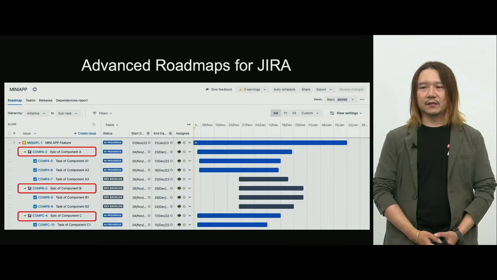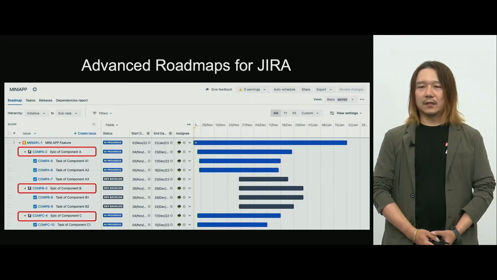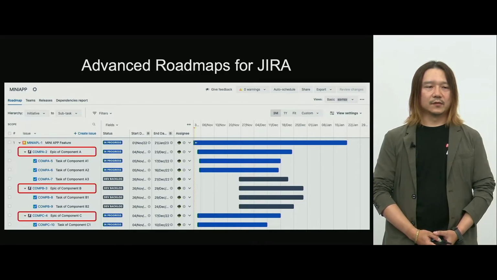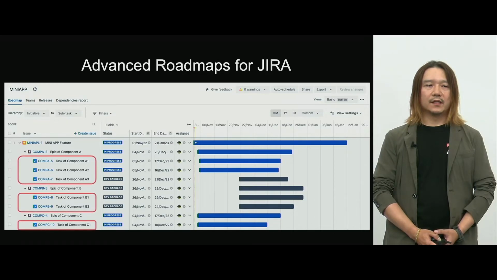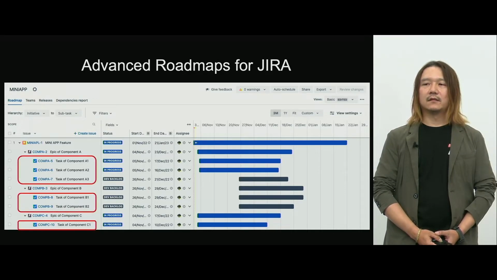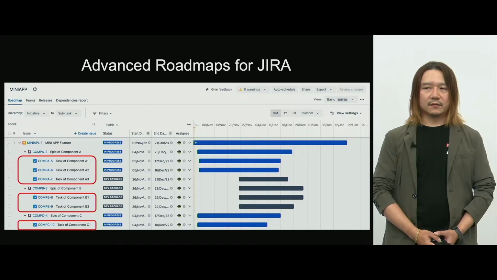For the epic tickets, these are tickets from other projects, but they belong to one initiative. And there are task tickets belonging to each epic. In this case, component A has 3 tasks, component B 2 tasks, and component C 1 task.